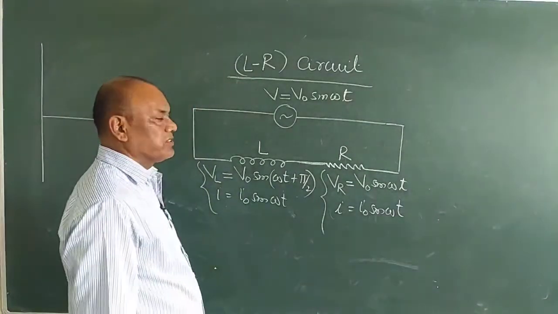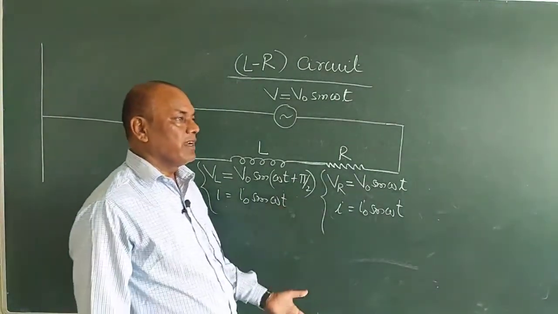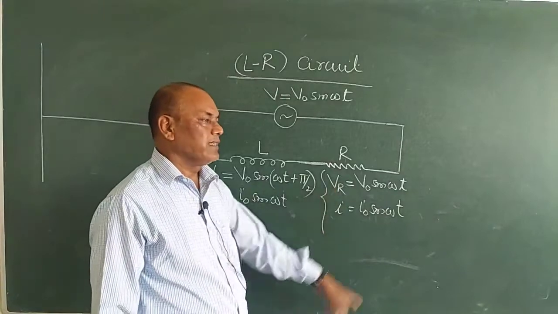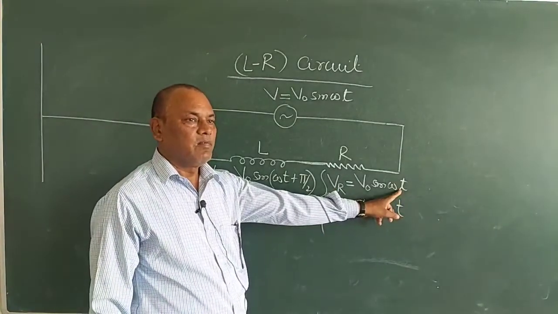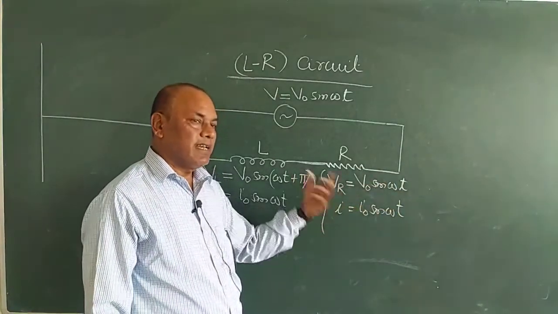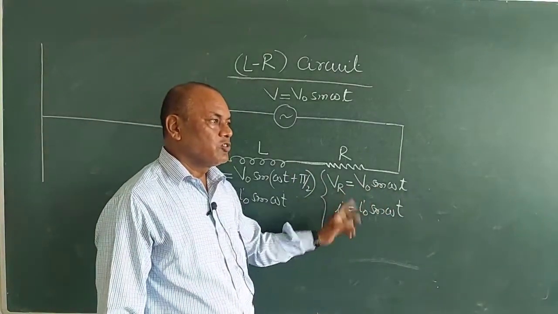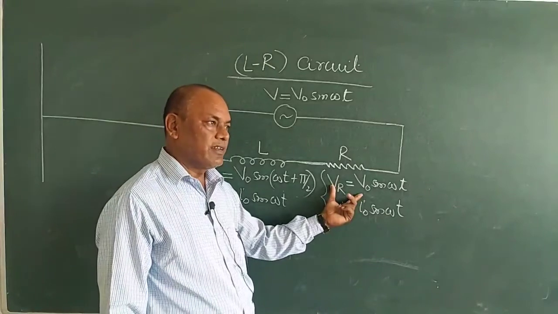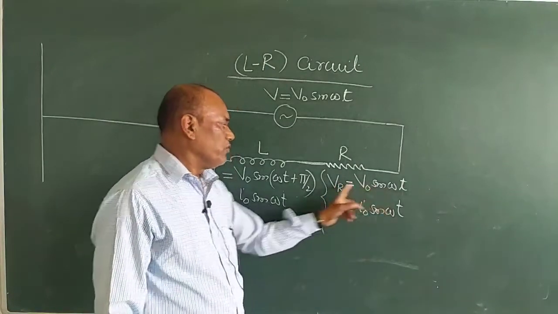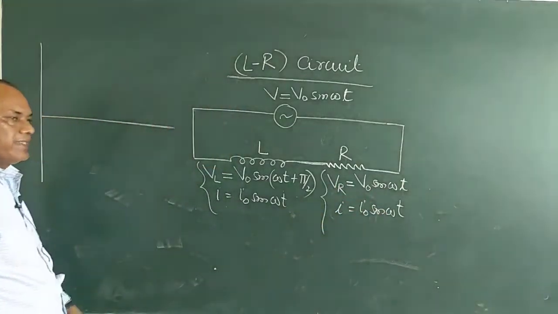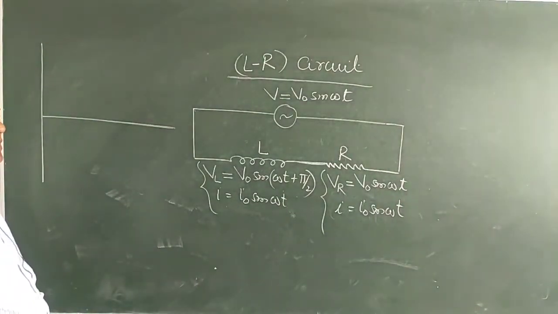Phasor diagram means the graphical relation between voltage and phase. Actually it is a scalar quantity, but it behaves like a vector, so it is known as phasor. So we can obtain the relation between voltage and current as a vector quantity.